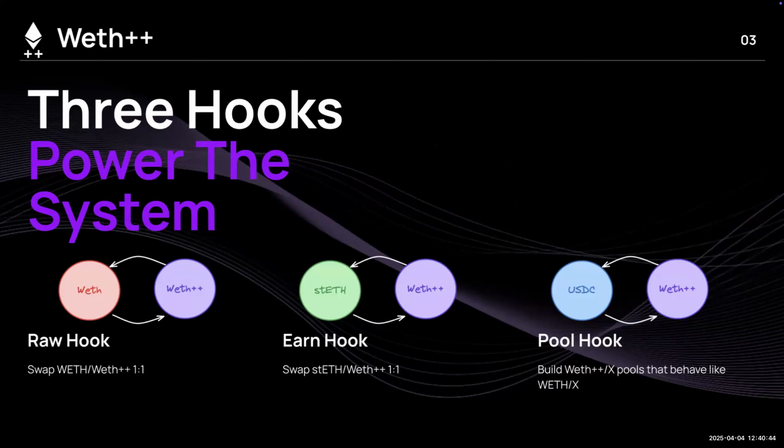The raw hook lets you swap WETH 1-to-1, the earn hook lets you swap stETH 1-to-1, and the pull hook lets you replace any WETH pool with WETH++, while being designed to trade exactly the same. The magic is that WETH++ never leaves the pool manager, so traders never see it. It can't be unwrapped, and the yield stays inside, only to be removed when the LPs claim it.